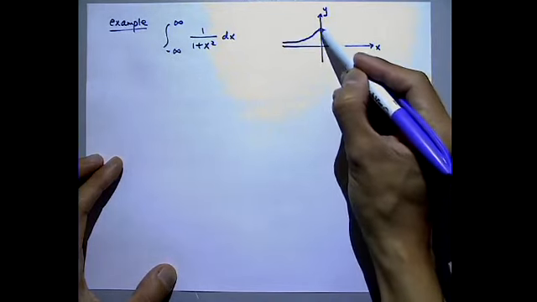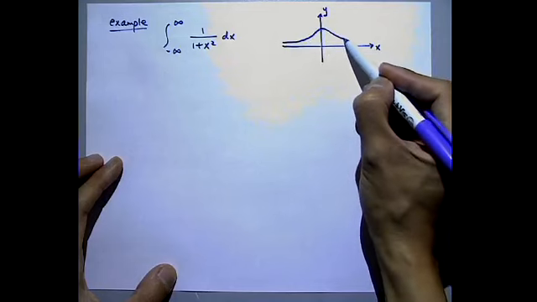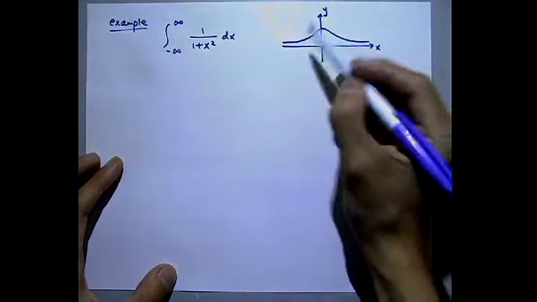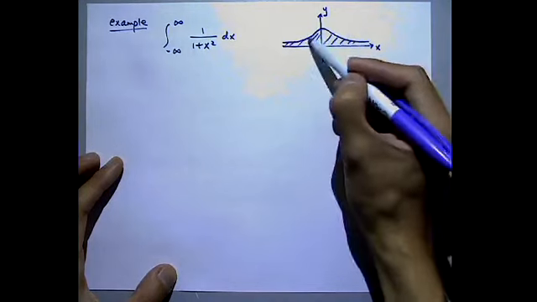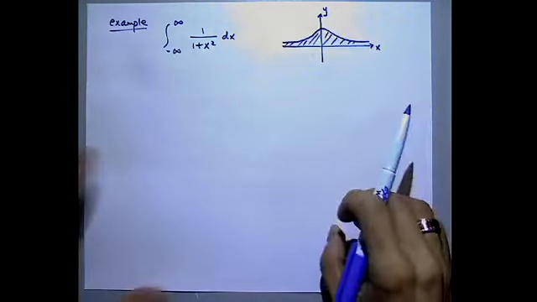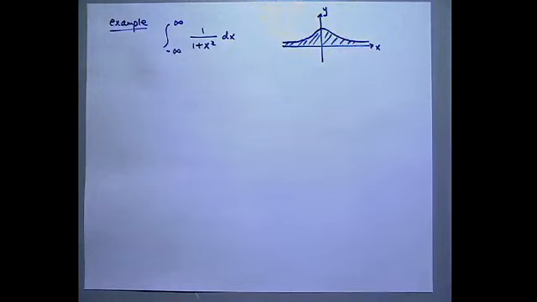Here's what this thing kind of looks like. Interpret that in terms of area again. We're looking for that shaded region, the area under the curve.